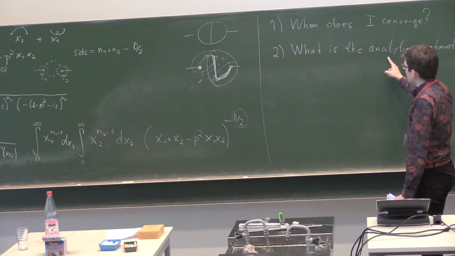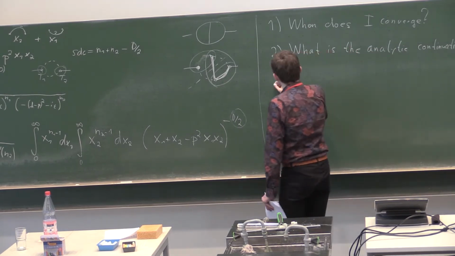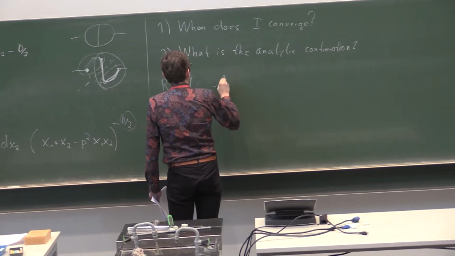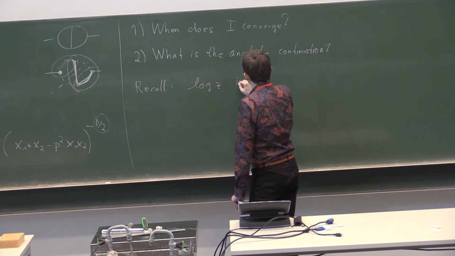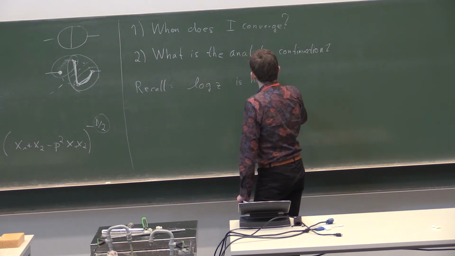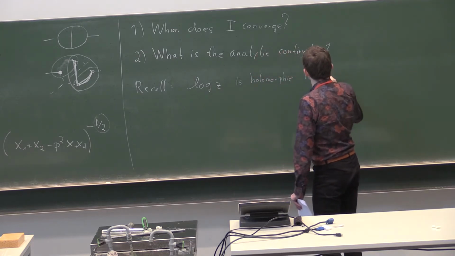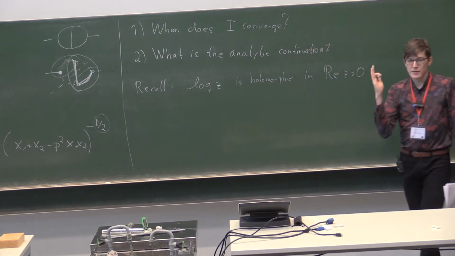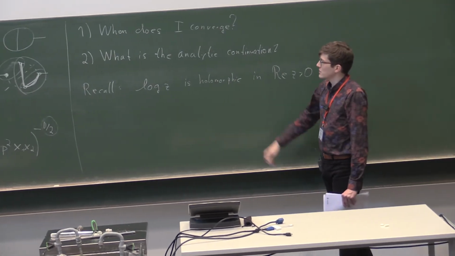And in general, analytic continuation is a very subtle thing. So recall, for example, if you take a function like the logarithm, log of z, this is a nice holomorphic function. If you restrict it to some simply connected domain, so for example, if you look at the region where the real part is bigger than 0, so you only look at the right half of the complex plane, this is a holomorphic function.